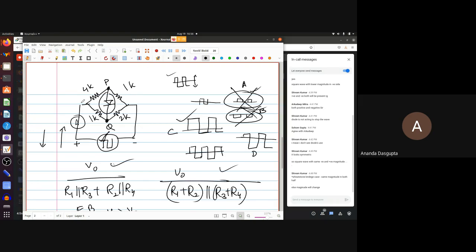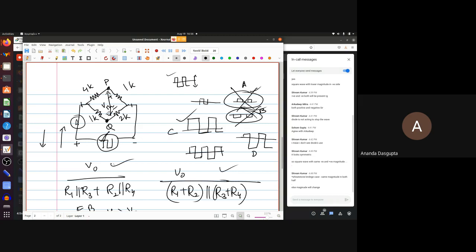The same positive voltage is being dropped across these two ends, right? Now think of Thevenin's theorem in the sense of how you get the Thevenin voltage. You get the Thevenin voltage by disconnecting this, right? So the Thevenin voltage will be the voltage between these two points. And you're asking whether P is positive or Q is positive.